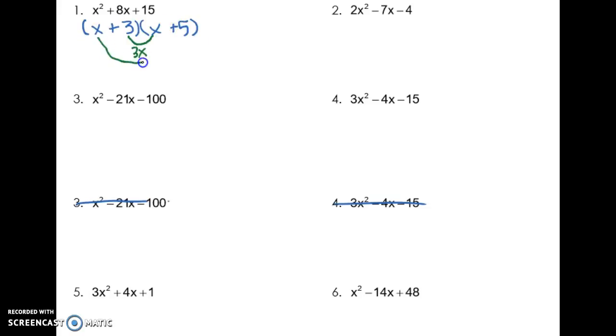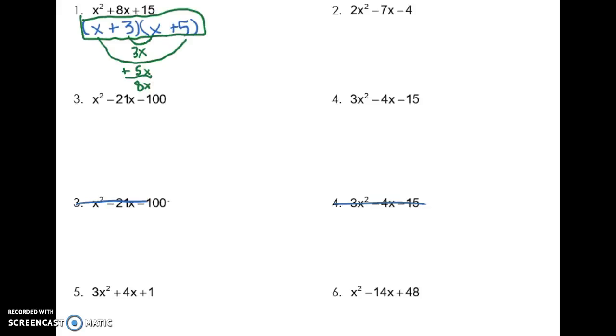And I'm going to do another one here. 5 times x gives me 5x. And when I add those up, I end up getting 8x. So that is my right combination because those x terms add up to be 8x. So that's my factor, x plus 3 and x plus 5. If I use the area model, I get the same thing.